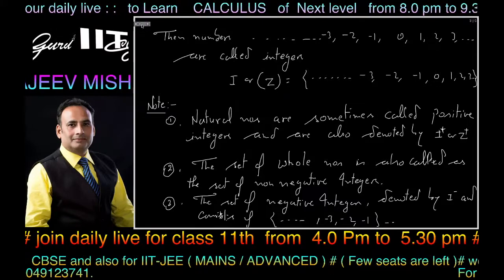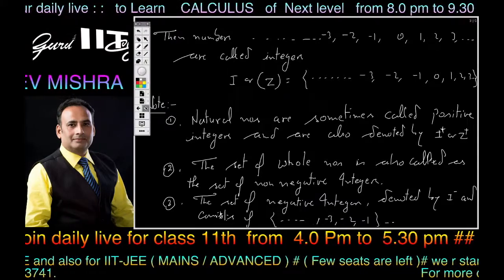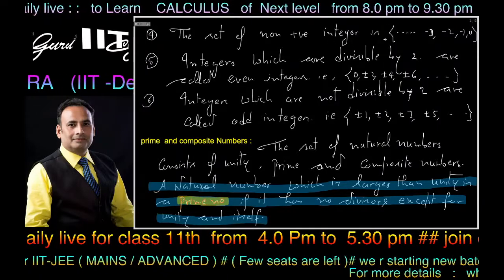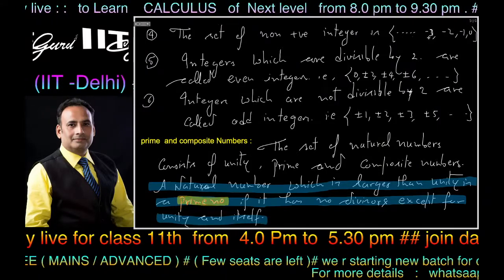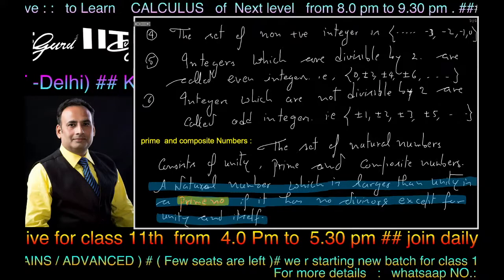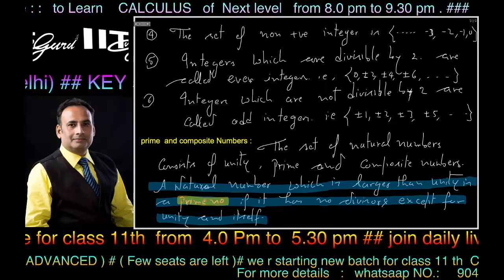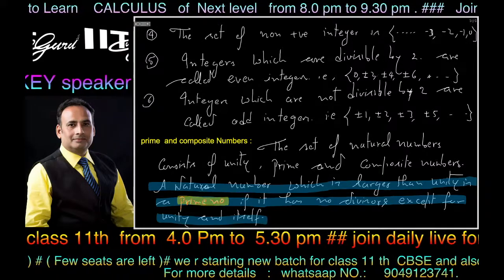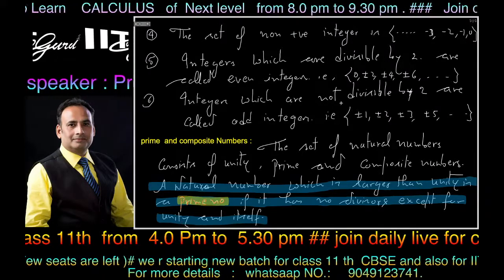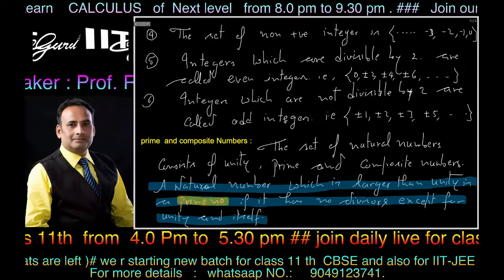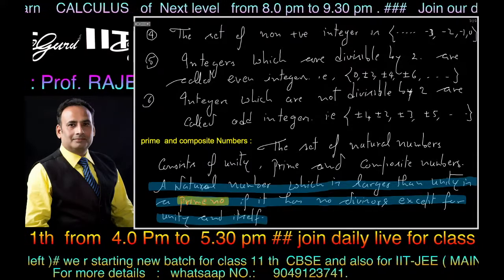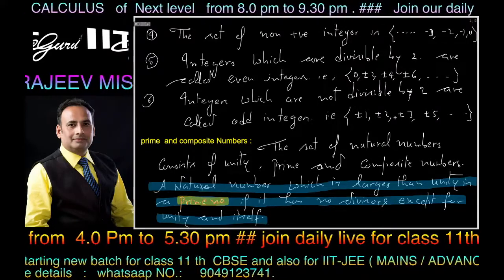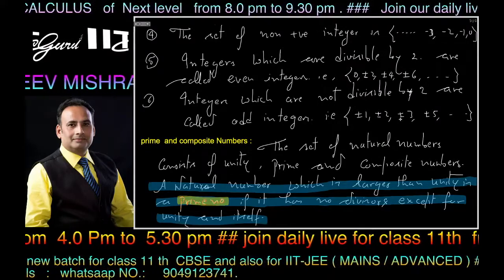Fourth point, the set of non-positive integers includes negative integers and 0. Integers which are divisible by 2 are even integers: 0 is of course even, plus minus 2, plus minus 4, plus minus 6. Integers which are not divisible by 2 are odd integers: plus minus 1, plus minus 3, plus minus 5, like this.